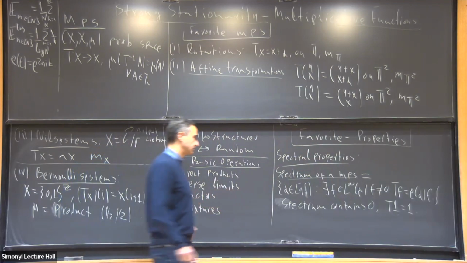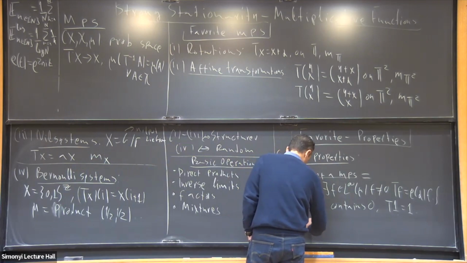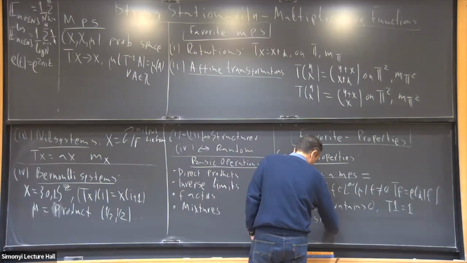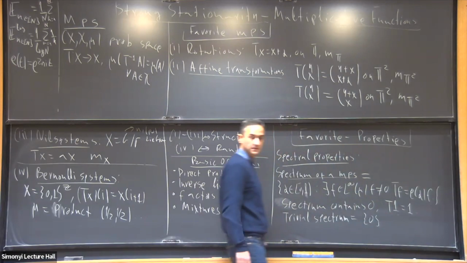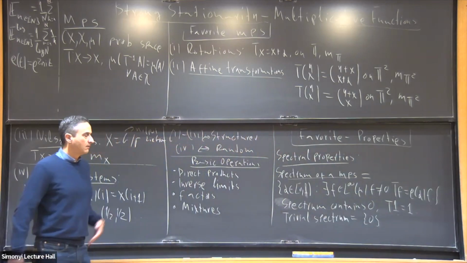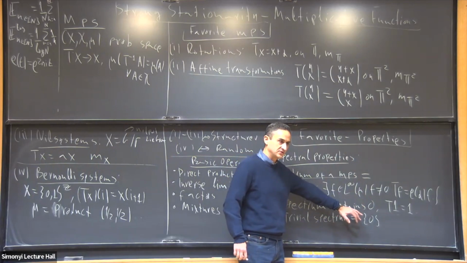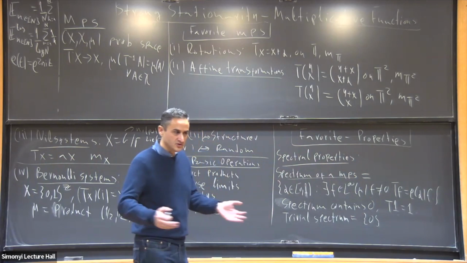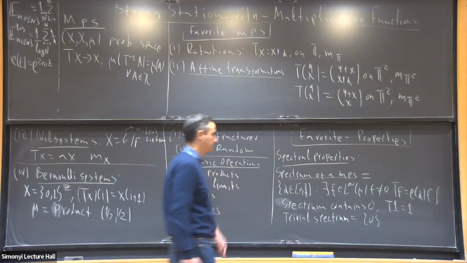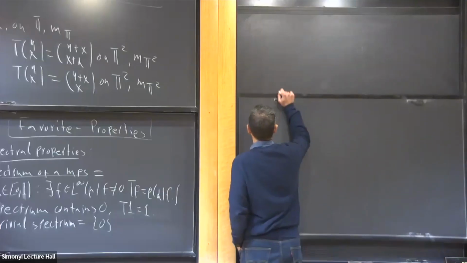So trivial spectrum means that we only have 0. Or a trivial rational spectrum: the intersection of the spectrum with the rationals is only 0. Trivial irrational spectrum: there is nothing irrational in the spectrum. Stuff like that. Okay, so this is the definition of spectrum.